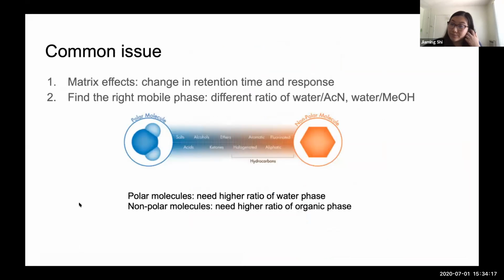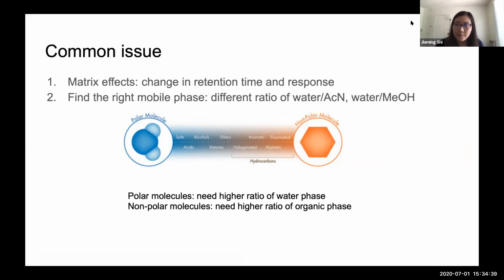Here I'm going to talk about some of the common issues we usually face when using the instrument. For HPLC, because it's liquid chromatography, we usually expect a little bit of a matrix effect.